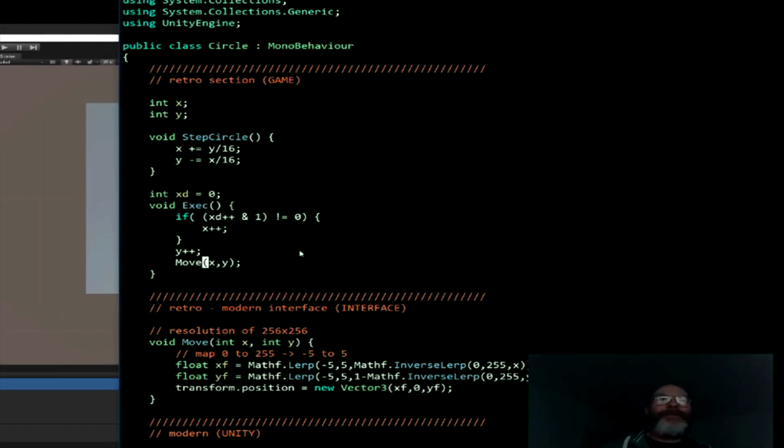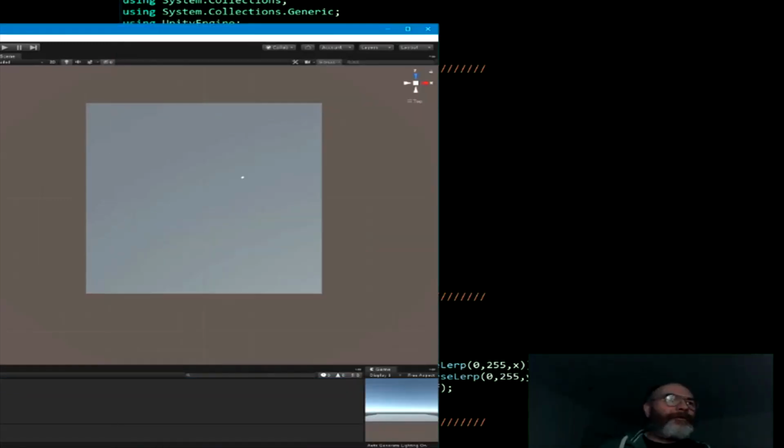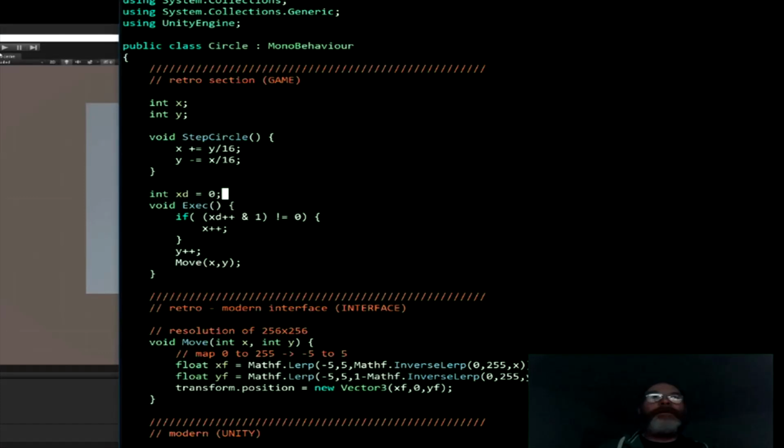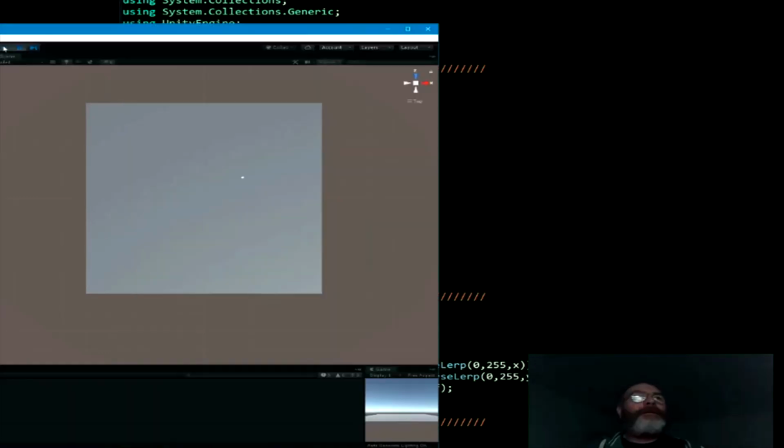Anyway, I have an error, and probably the error has to do with the order of execution, precedence of operators here. I want it to do this first, then this. I think that will probably get rid of the error. Yes. So now when I do that, oh, hit play.